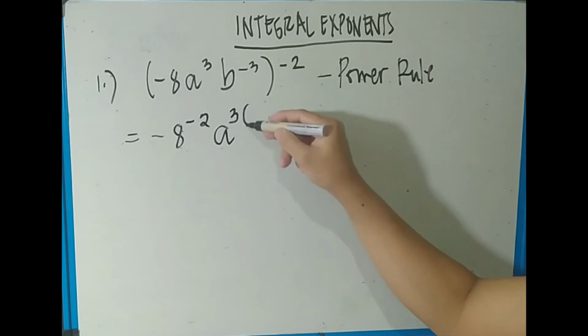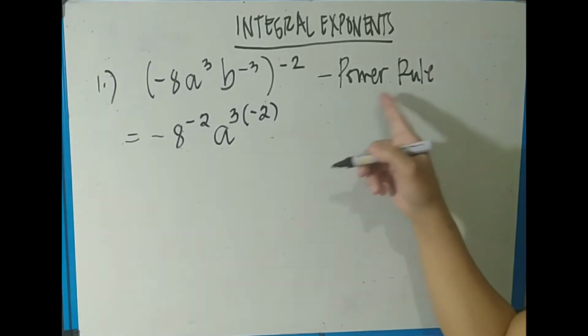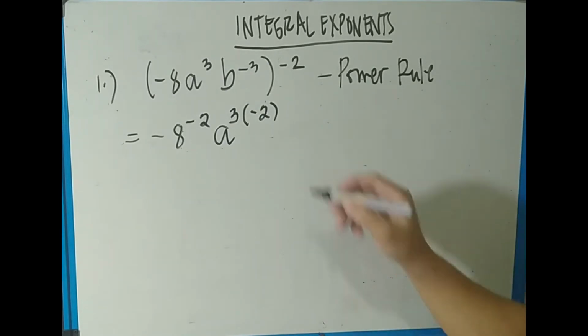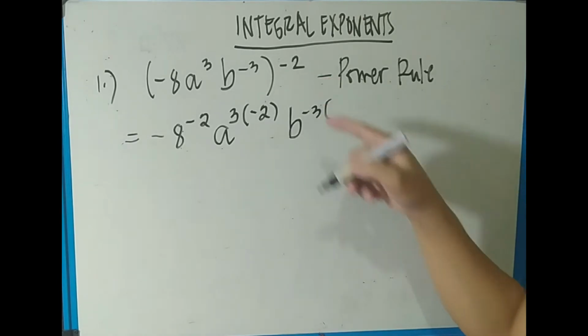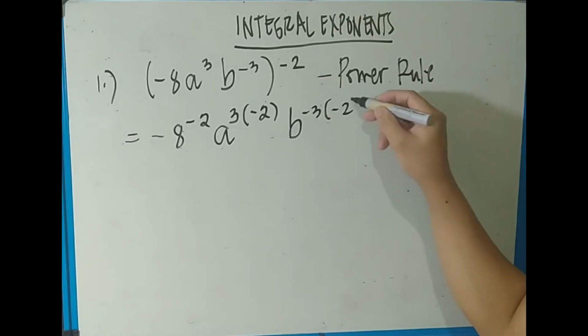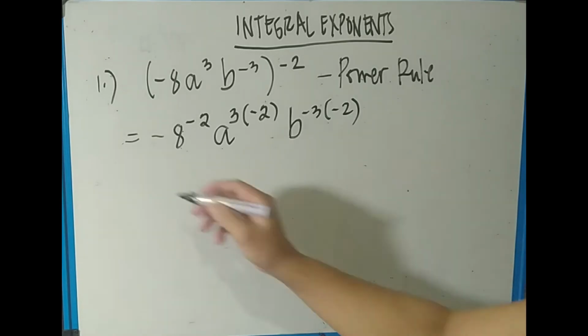Then, times to the negative 2 sa labas. So, that is power rule. We have to multiply the exponent. So, for B naman, we have negative 3 times we have negative 2 sa labas. Okay, so simplify natin, multiply muna natin yung mga exponents. Then, later on, kunin natin yung pinaka-simplest na sagot.